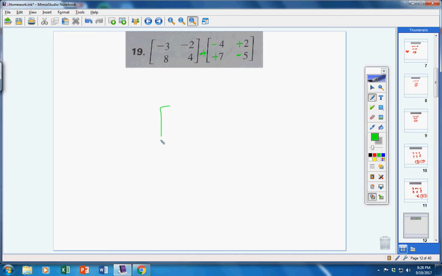And now we simply add. Negative 3 plus negative 4, negative 7, negative 2 plus a positive 2, 0. 8 plus a positive 7, 15. 4 plus a negative 5, negative 1.